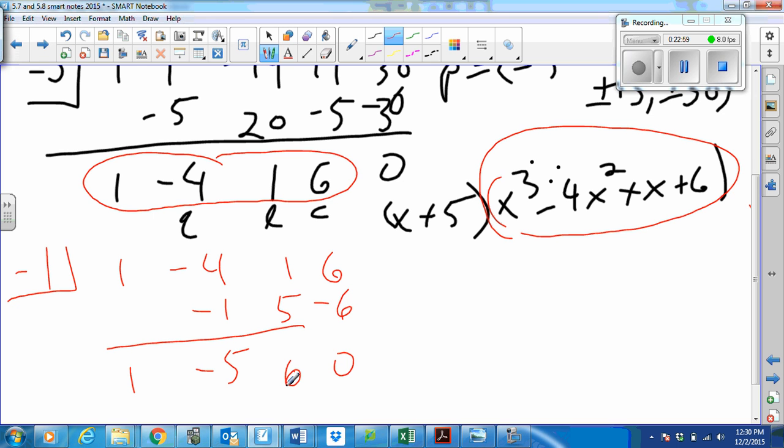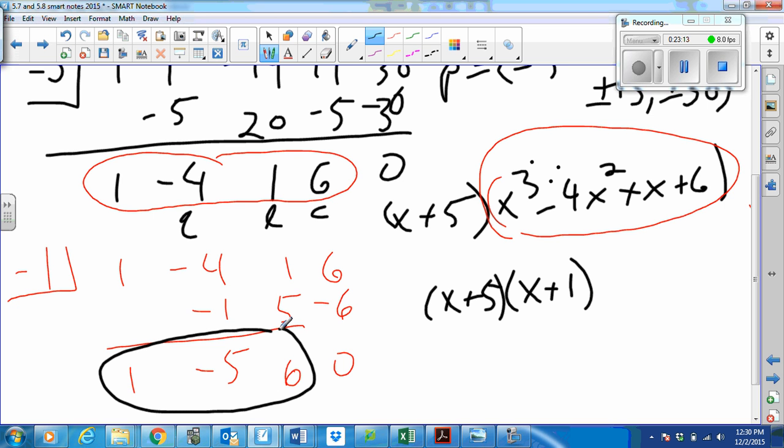So now I have x plus 5 times x plus 1. And now I have this quadratic. There's my constant, there's my linear, there's my quadratic term. So it's going to be x squared minus 5x plus 6.